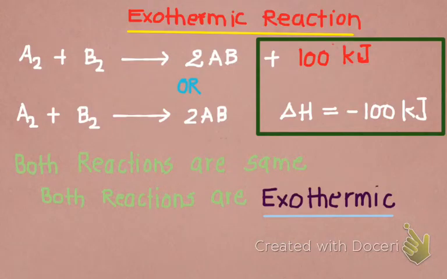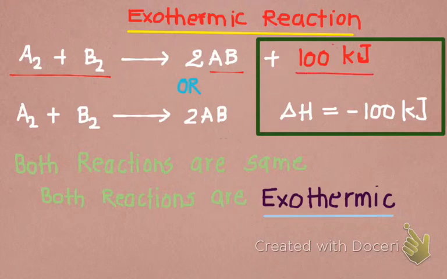Now we will discuss exothermic reactions. Consider the simple reaction like A2 reacts with B2 and gives a product AB. It also gives the reaction energy 100 kilojoule.